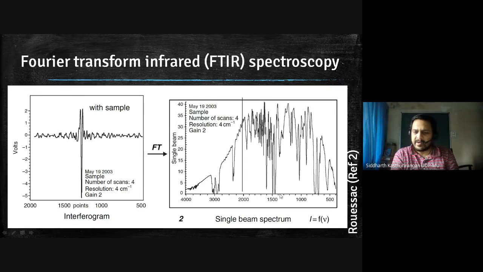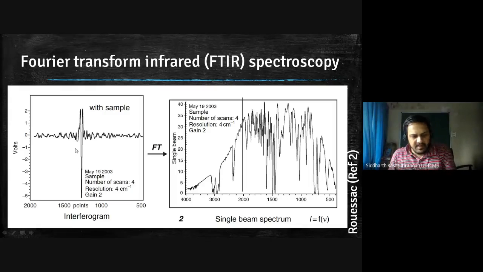Wave number is nothing but 1 over wavelength, which is nothing but frequency divided by c, basically. So this is basically a measure of the frequency only, in some sense. And you can see that the spectrum shows you at which frequency how much absorption was taking place. That can be obtained from this interferogram.